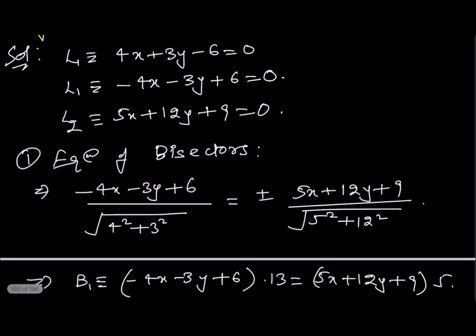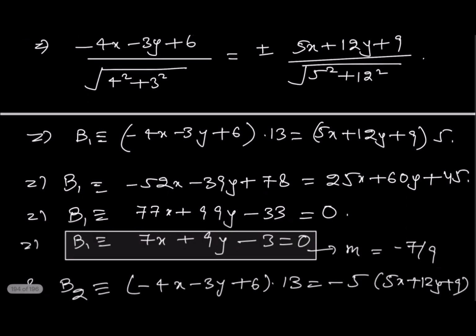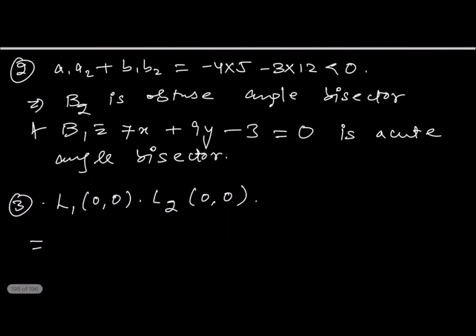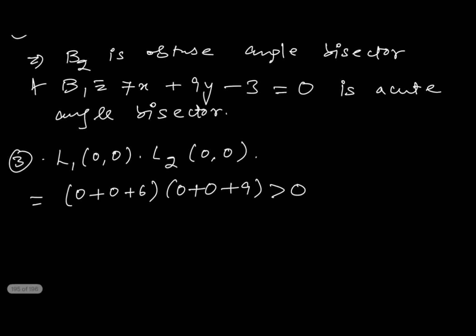So this will become (0 plus 0 plus 6) into (0 plus 0 plus 9), which is positive, implies the bisector with positive sign will contain the origin, or the acute angle bisector is containing the origin.